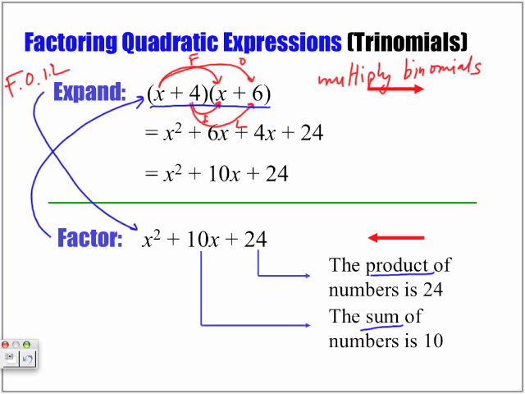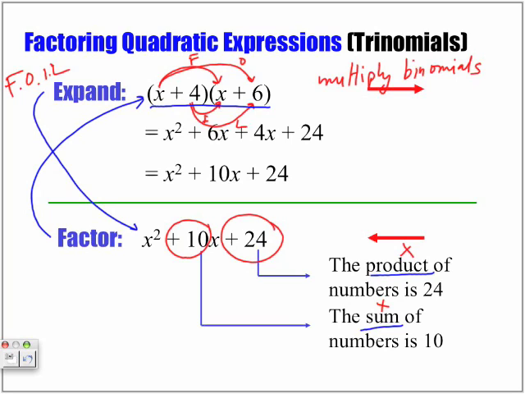So what's going to be important is what we call the sum product rule. What we're going to try to find is 2 numbers that multiply to positive 24 that add up to positive 10. So that's the product: for product, we multiply; for sum, we add. Add or subtract, depending on the situation.